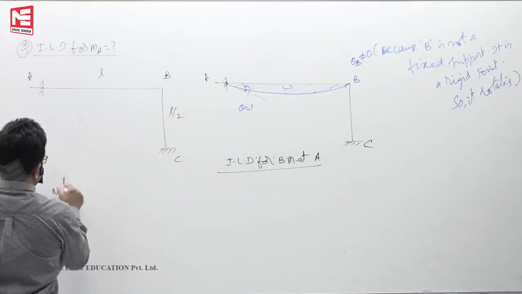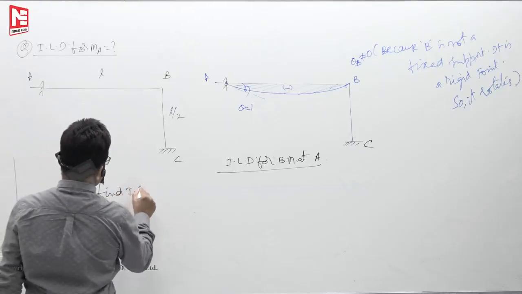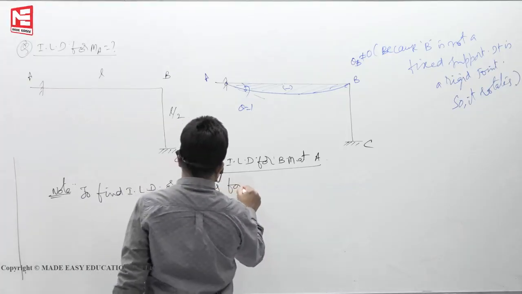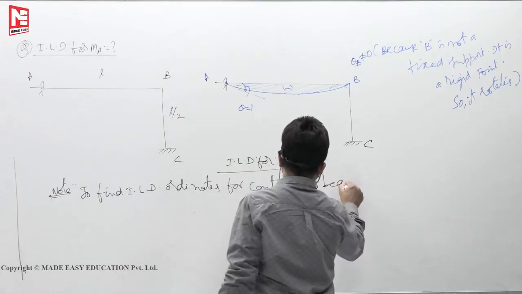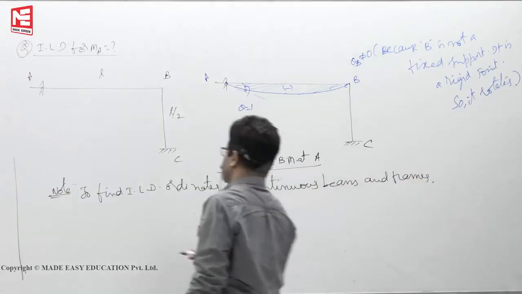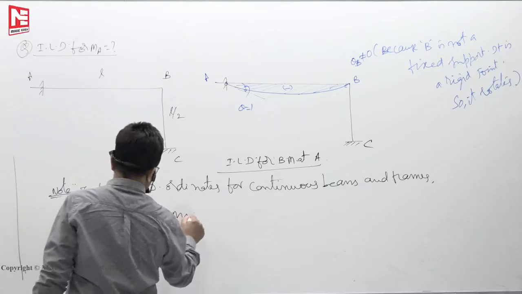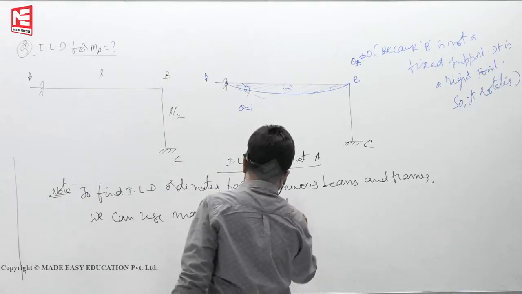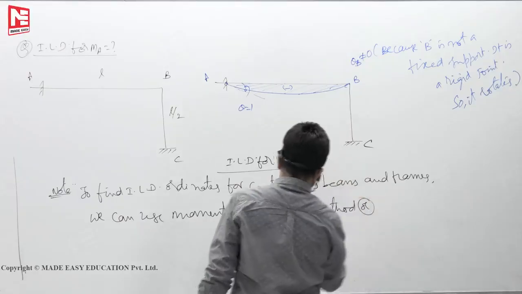So to find ILD ordinates for continuous beams and frames, we can use moment distribution method or slope deflection method.